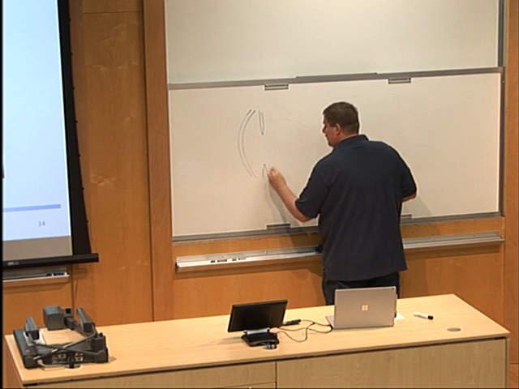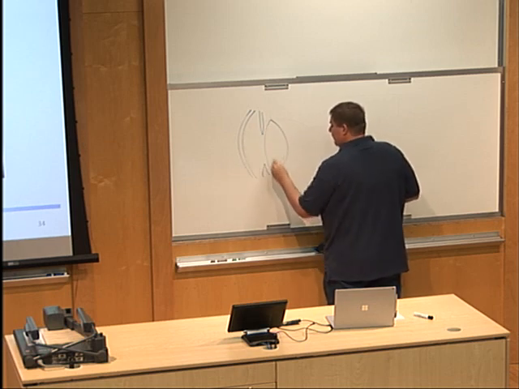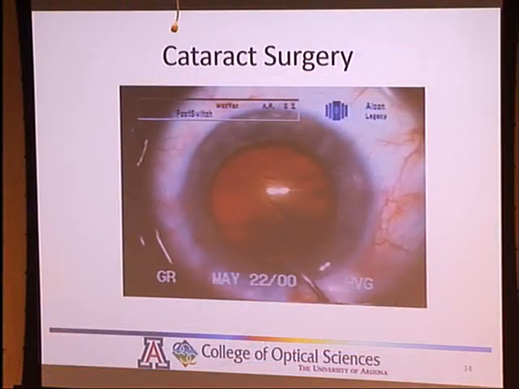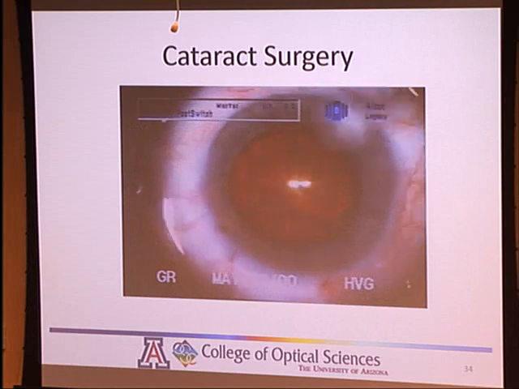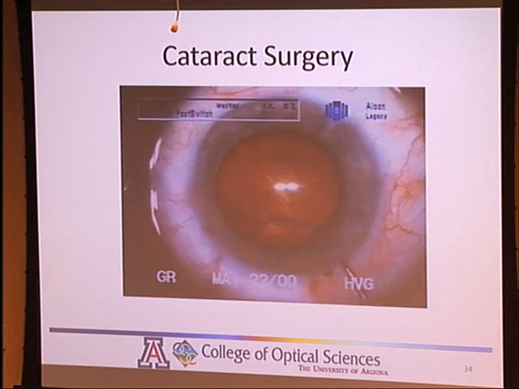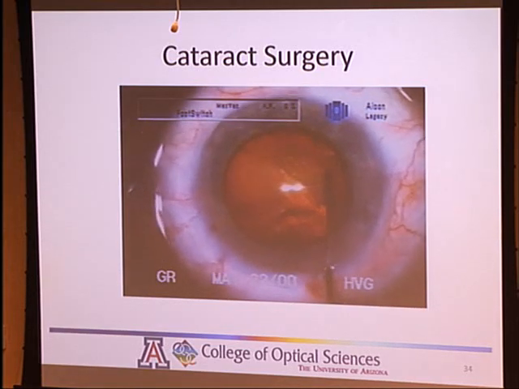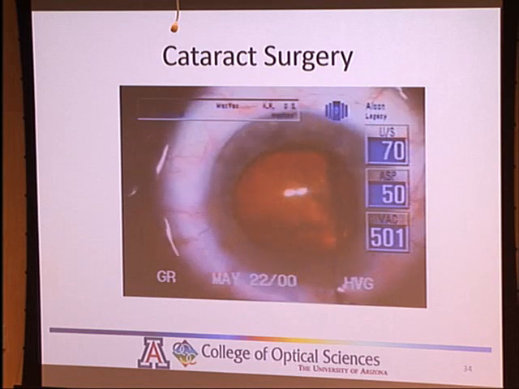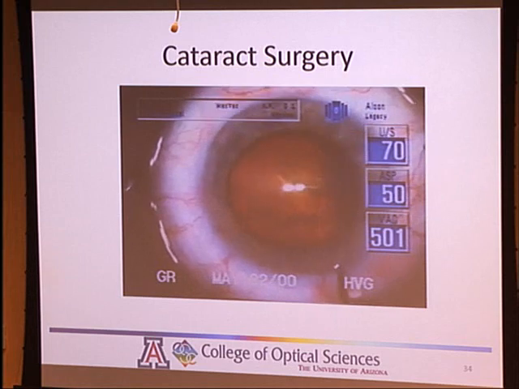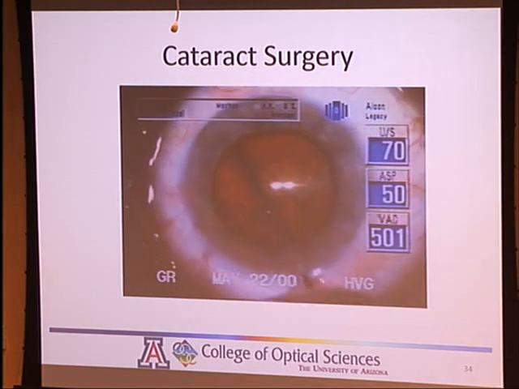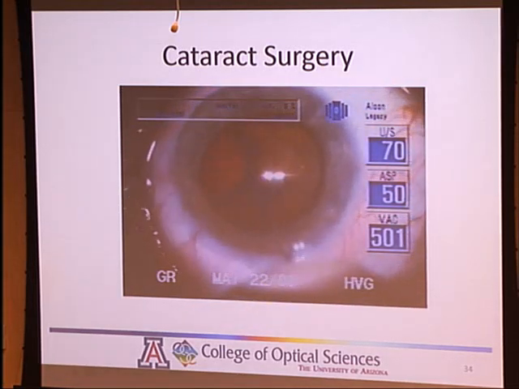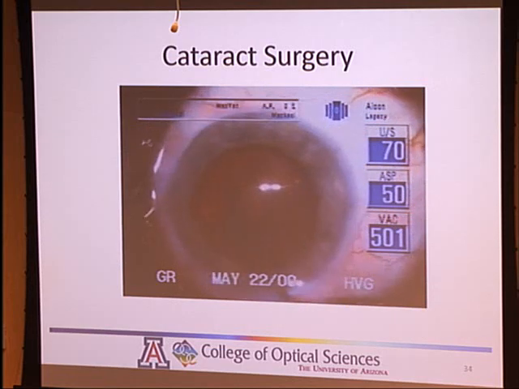This is your iris, and then back here is the lens, and it's in kind of a bag, and so it's going in through here and then peeling off this part of the bag. So here he's just squirting in some water to inflate the bag and separate it from the lens inside. Kind of rotating the lens around there, trying to loosen it up.